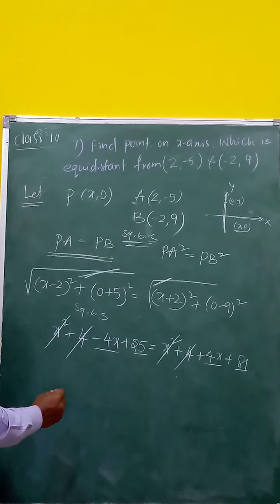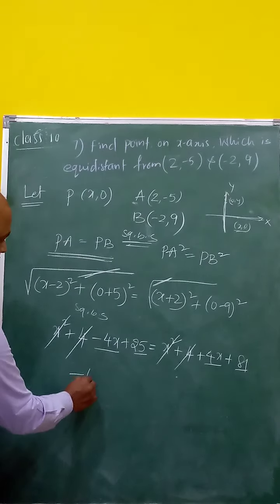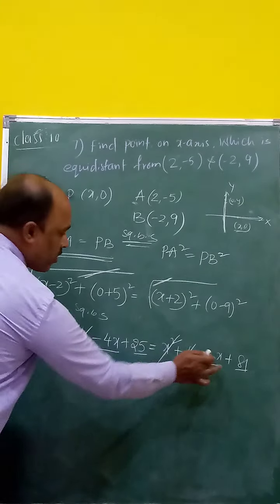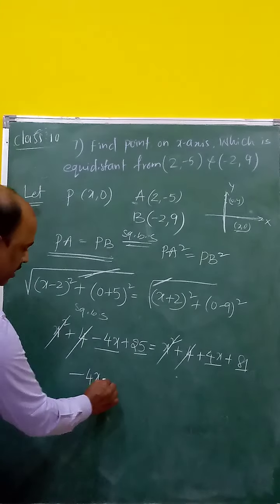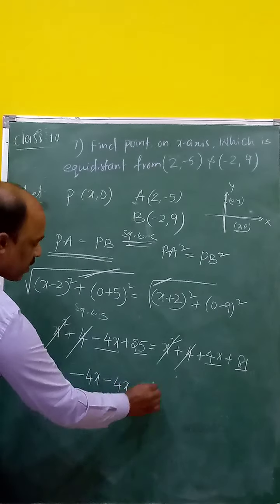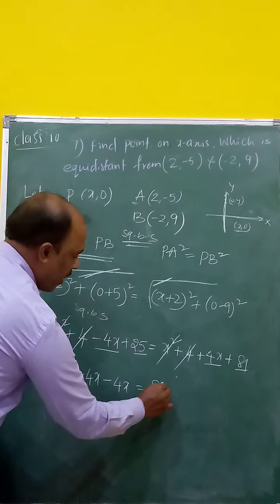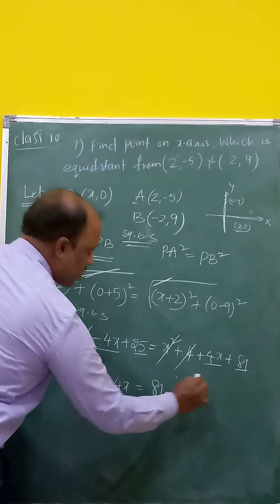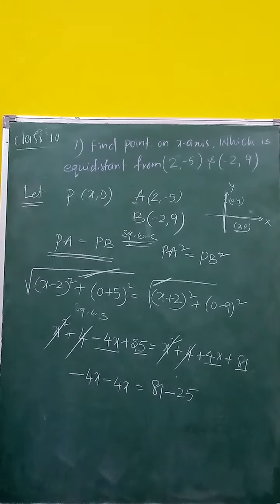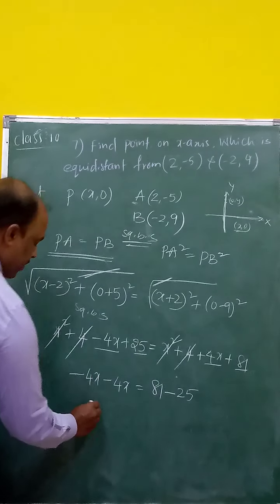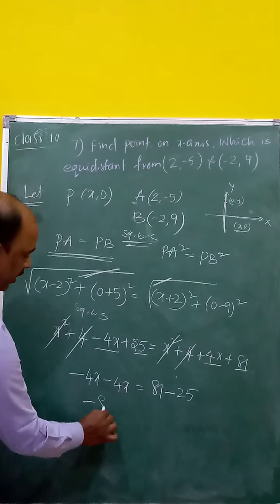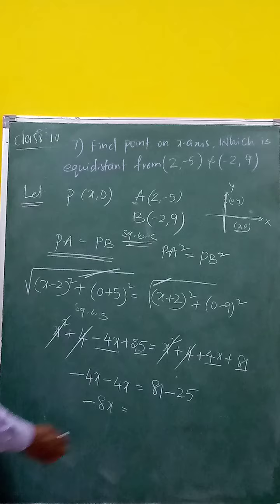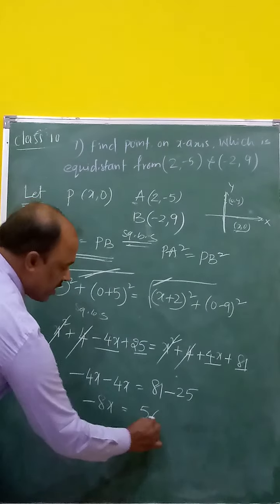Take transpose, one side variables: minus 4x, and on the other side 81 minus 25. Minus 4x minus 4x is minus 8x. 81 minus 25 is 56.